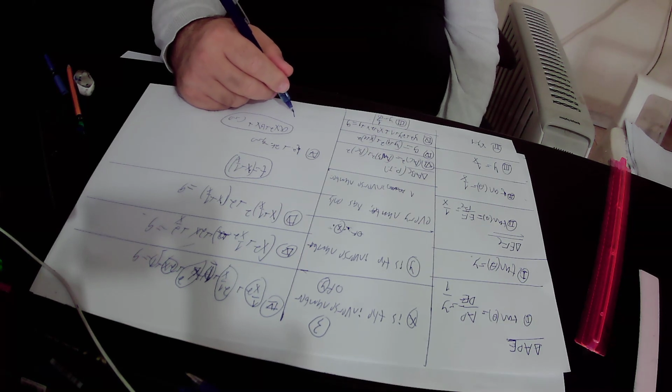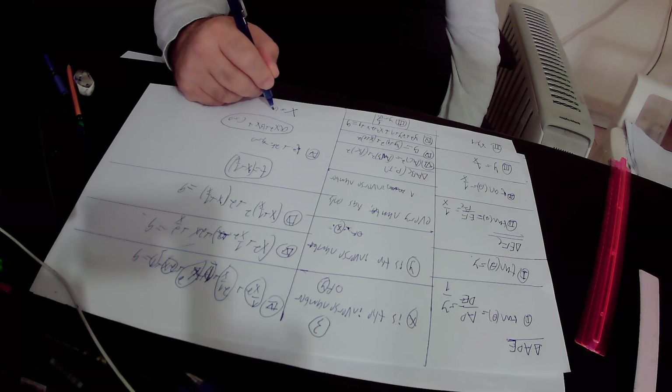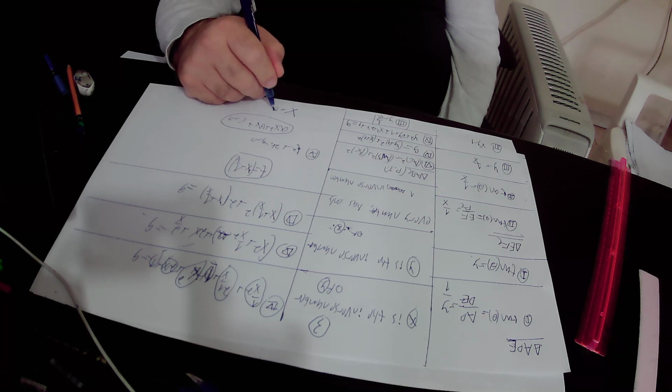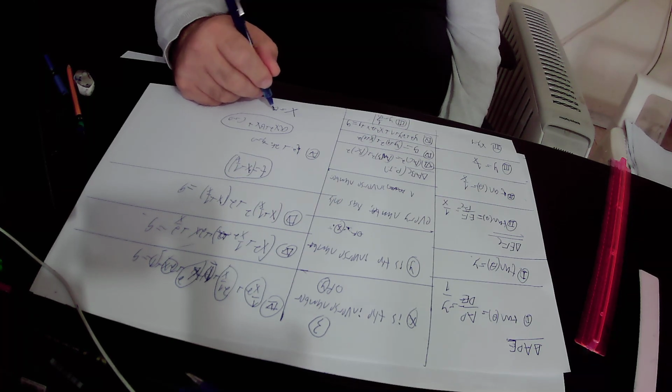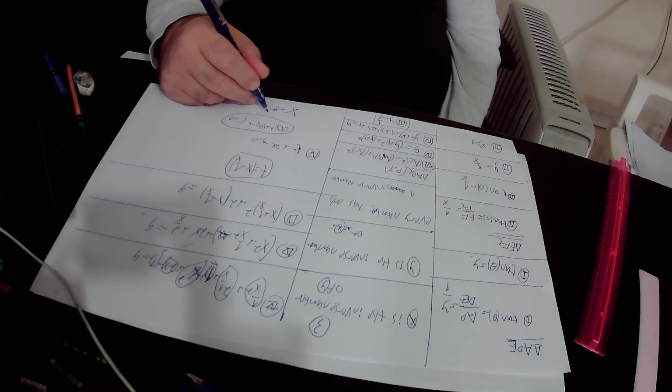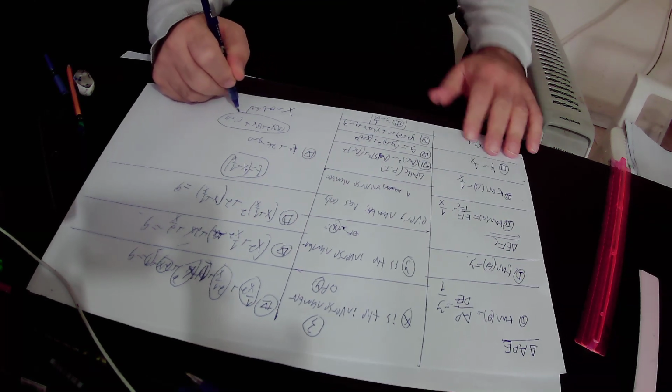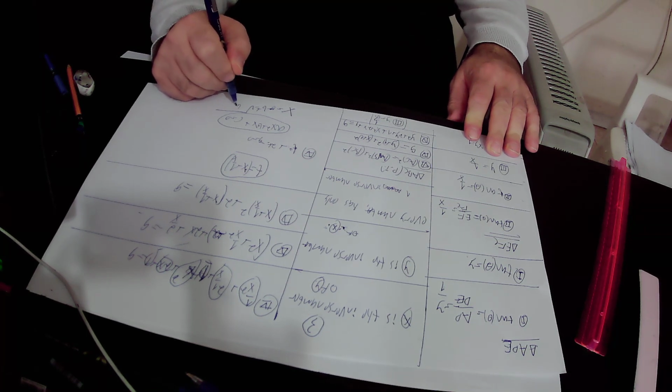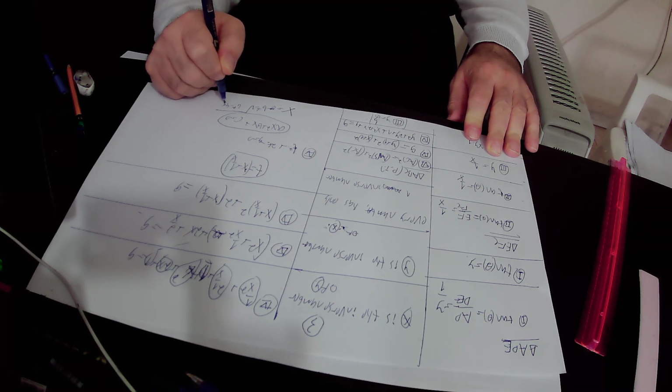That is to say, x equals minus b plus minus square root of b squared minus 4 times a times c, over 2a.